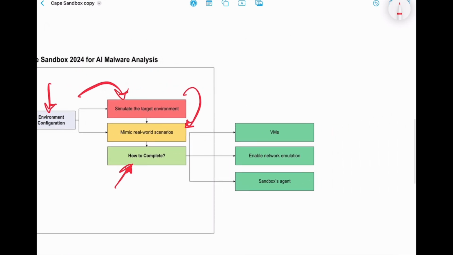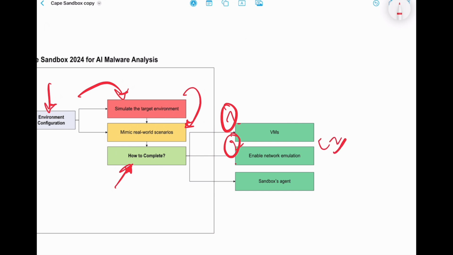How to complete this? First step, you would configure a virtual machine with specific operating systems and software stacks, for example, Windows 10 with vulnerable Office versions. Second step, you would enable the network emulators to simulate internet connectivity and command and control channels, usually written as C2.